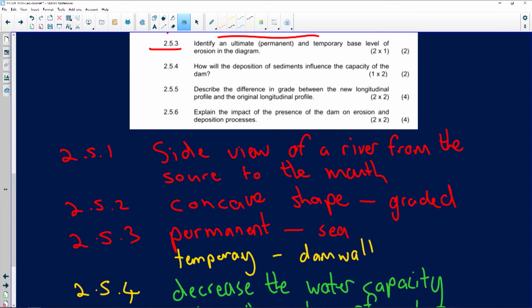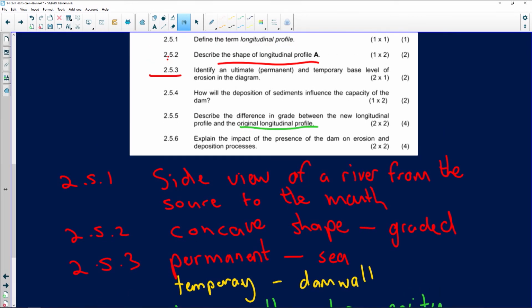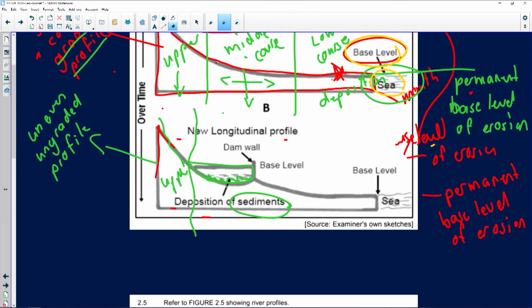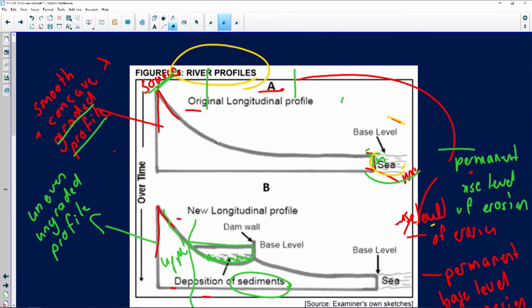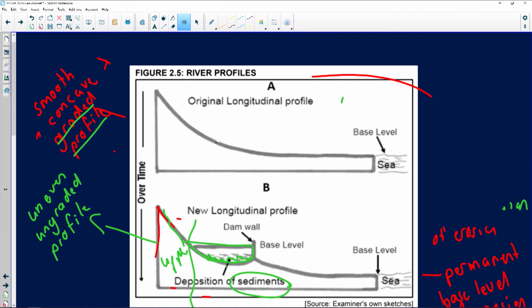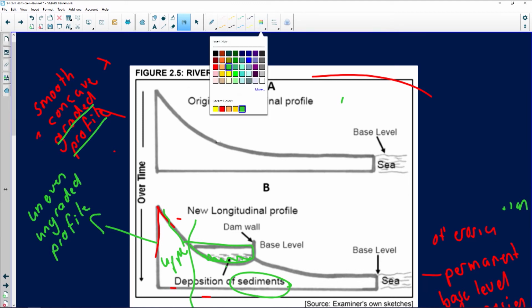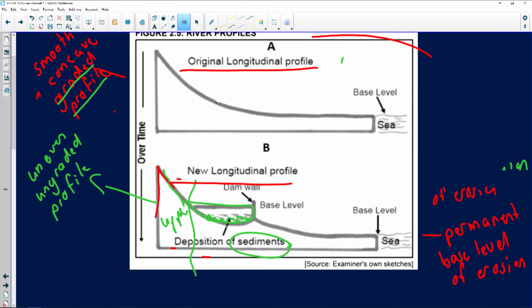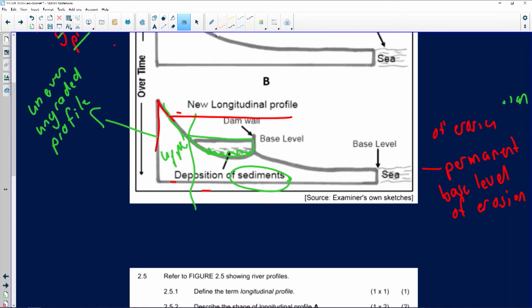2.5.5. Describe the difference in grade between the new longitudinal profile and the original longitudinal profile. Love this question because we've just discussed it earlier. Well, it will ask, discuss the grade or name the grade of the new longitudinal profile and the original longitudinal profile. The new longitudinal profile is uneven, so what can we say?